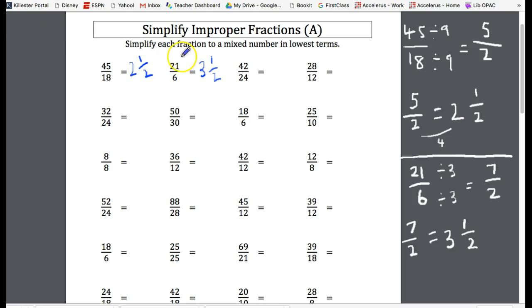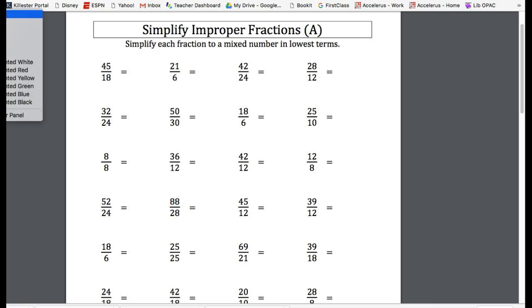Okay, so that's going to clear now because I'm going to clear my whole board, and it's easier just to clear everything. Now we're going to do 42 over 24. What number goes into both 42 and 24? Number 6 does.